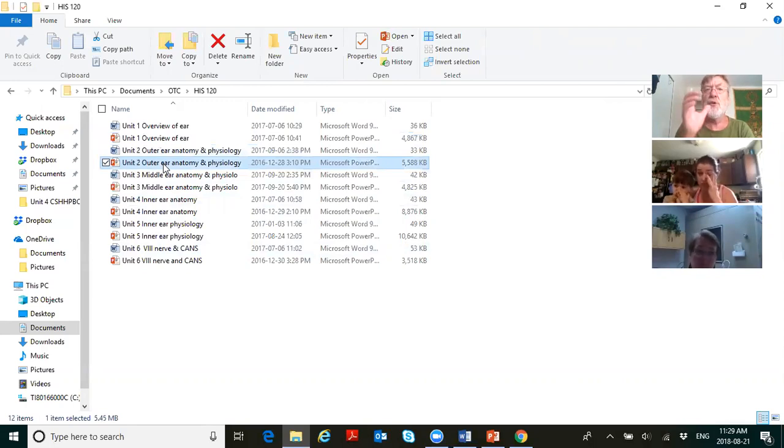So again, the blue is always your notes. The red is always the corresponding PowerPoint to the notes. And of course, like we said in acoustics class, it's always good to have the notes printed up ahead of time, sitting beside you on your desk. That way you can scroll and make notes to yourself or highlight or whatever you want. Don't think you have to print up the PowerPoint slides because that's insane.